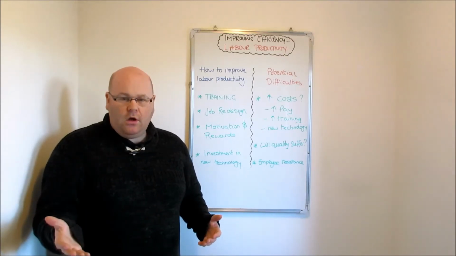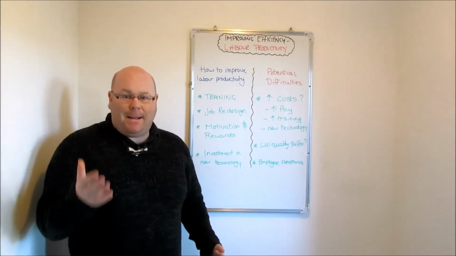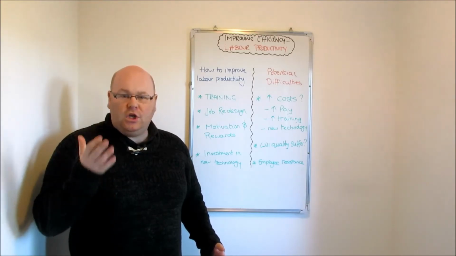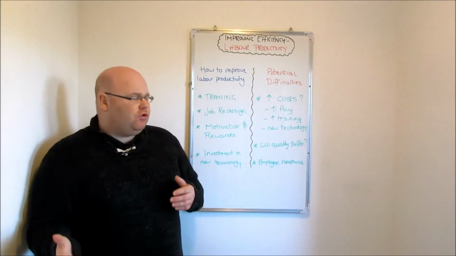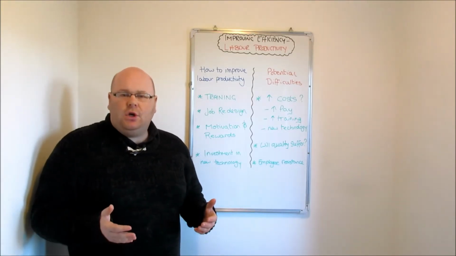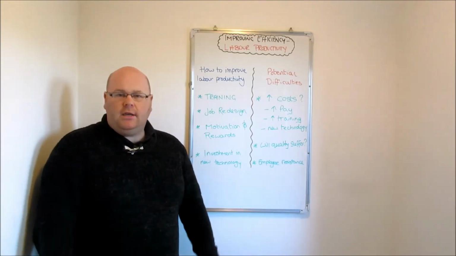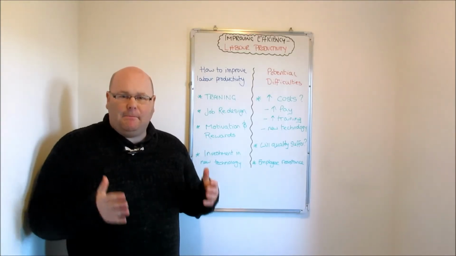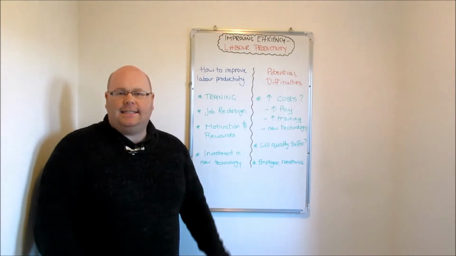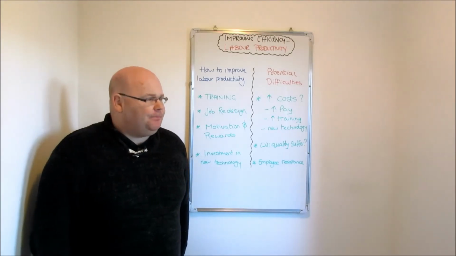If we can get them working quicker, then they will be able to bang out more units per given time period. So training and job redesign might be two ways that we can strike at the heart of labour productivity, get people getting more done in the same amount of time.